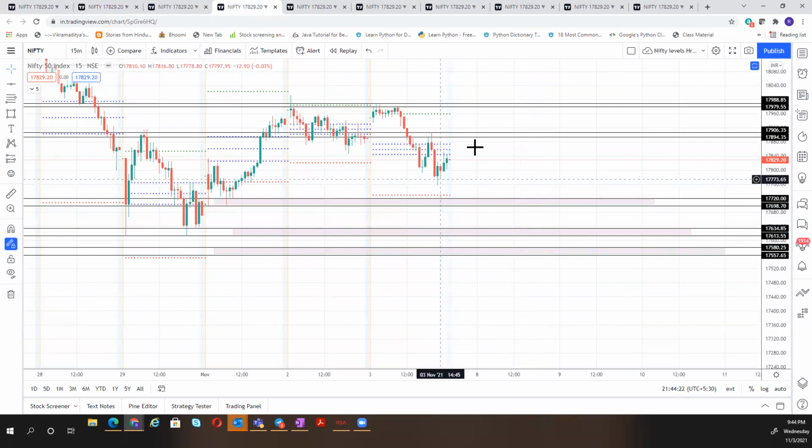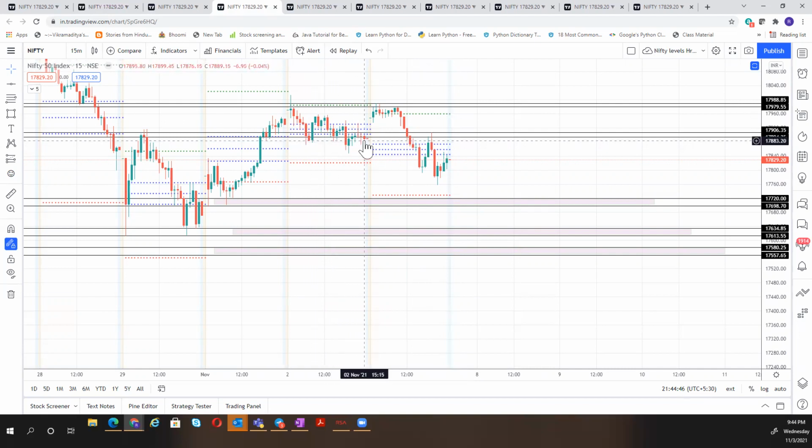So key thing, guys, tomorrow, when the market opens, if the price opens below CPR, definitely you need to watch out and see whether CPR is acting as a resistance, and make your call on the downside. If price opens above CPR, you need to watch out, because above CPR is also a good support here.